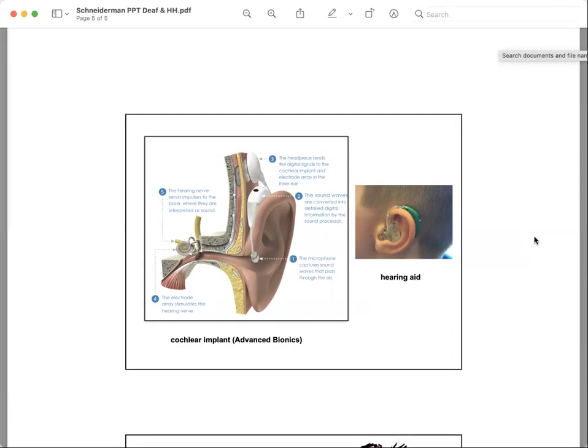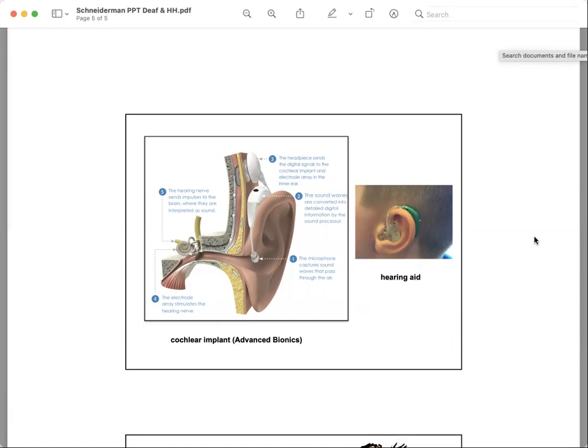There are a number of hearing aid types that children wear. I'm sure you've seen different kids or adults with hearing aids. A hearing aid really just amplifies the sound. The child is already capable of taking it and processing it, so it's an amplifier.